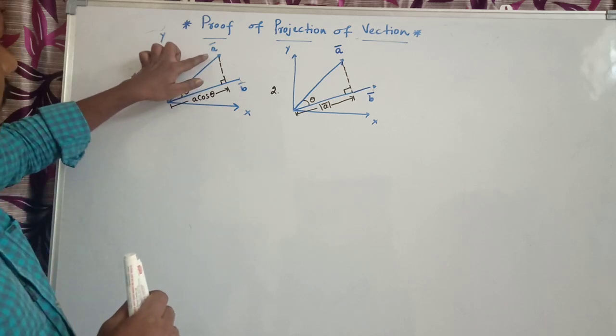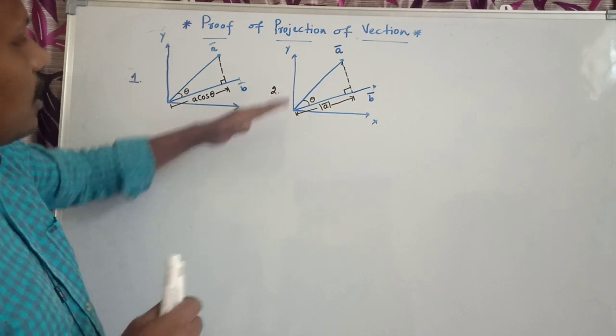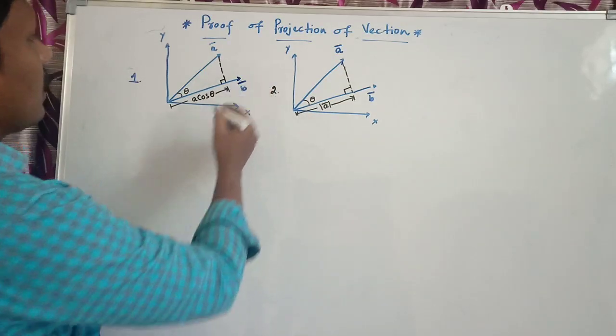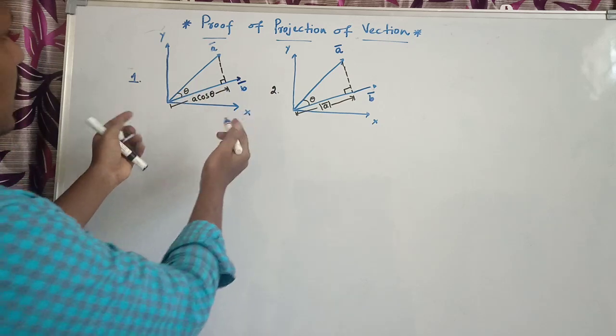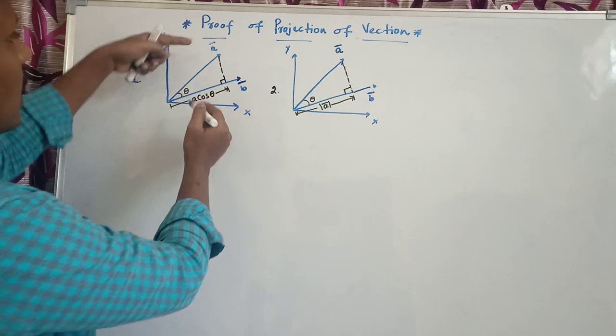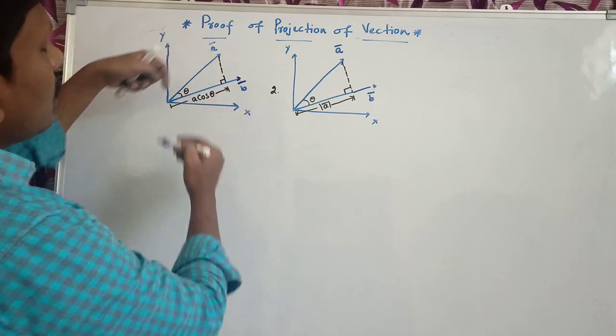The a vector is projected along the direction of the b bar vector. This normal line indicates that the a vector is projecting along the direction of the b vector.